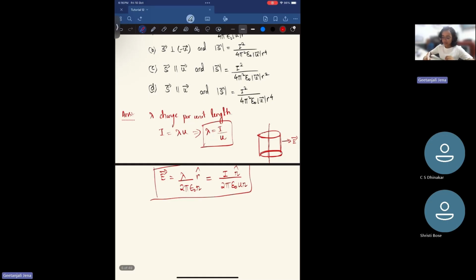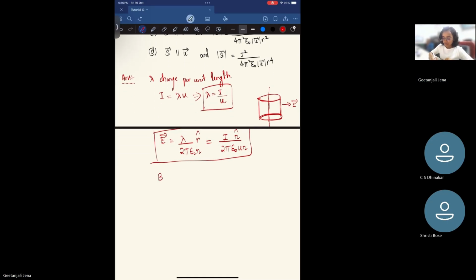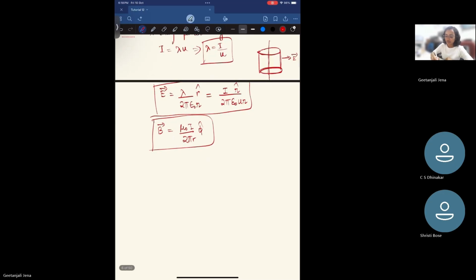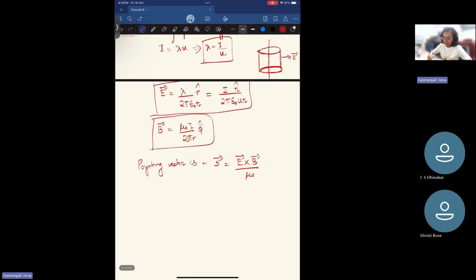For the magnetic field, this is mu naught I by 2 pi r. So the Poynting vector is, let us use this equation.